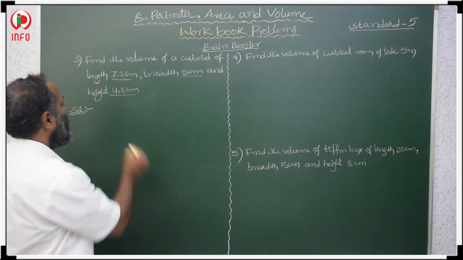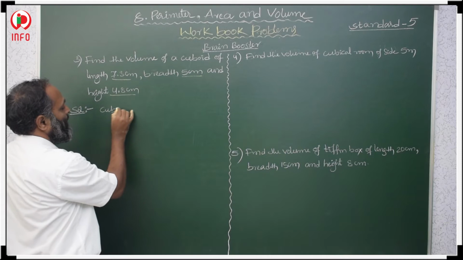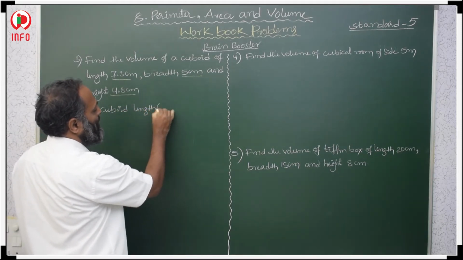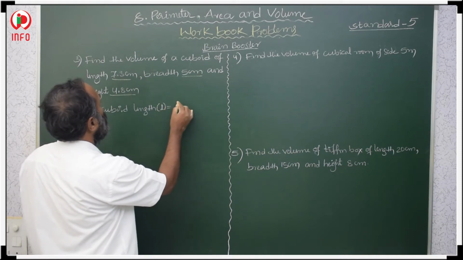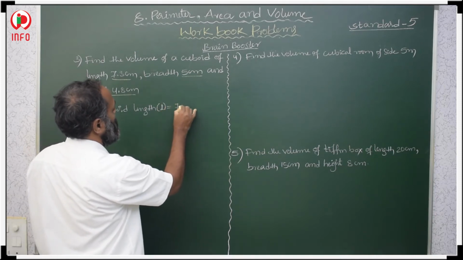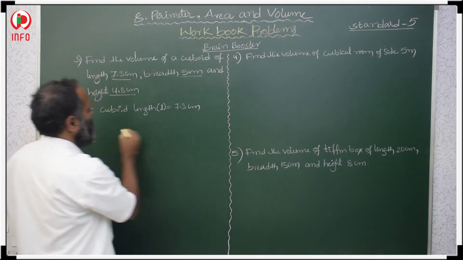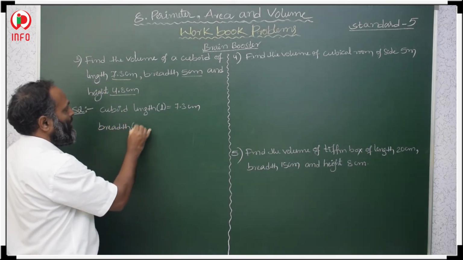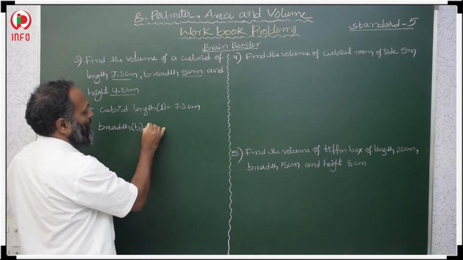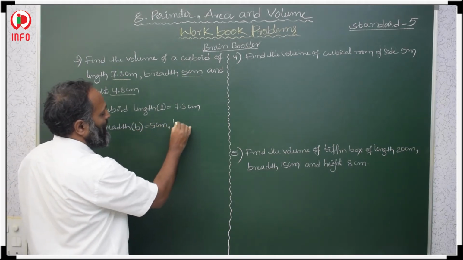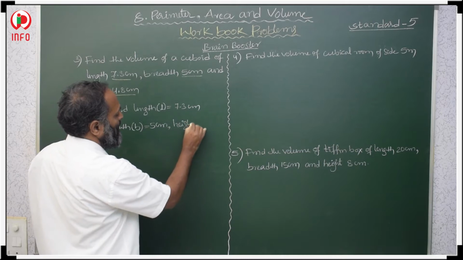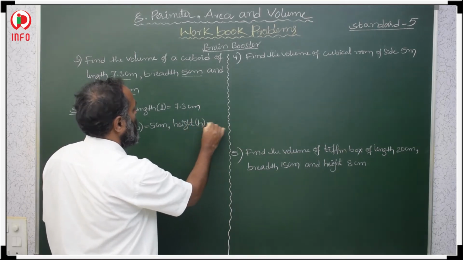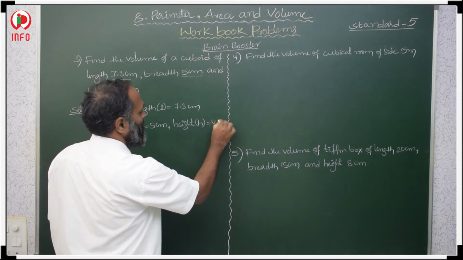Cuboid length L is 7.3 centimeters. Breadth B is equal to 5 centimeters. Height H is 4.8 centimeters.